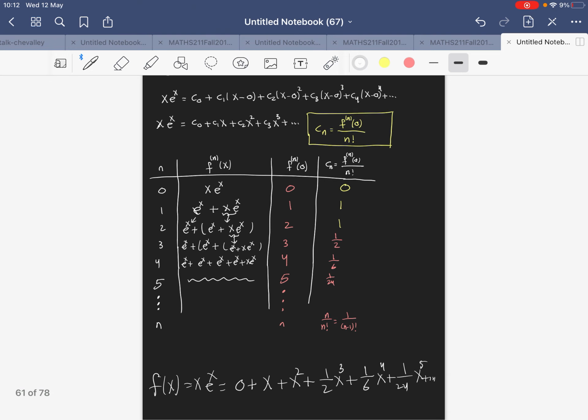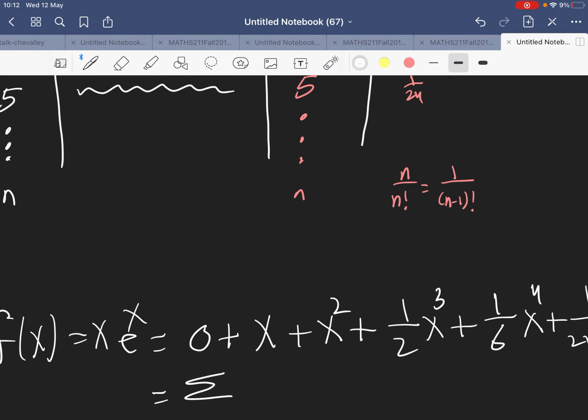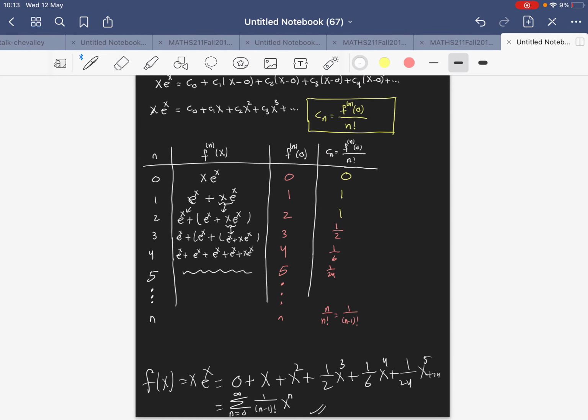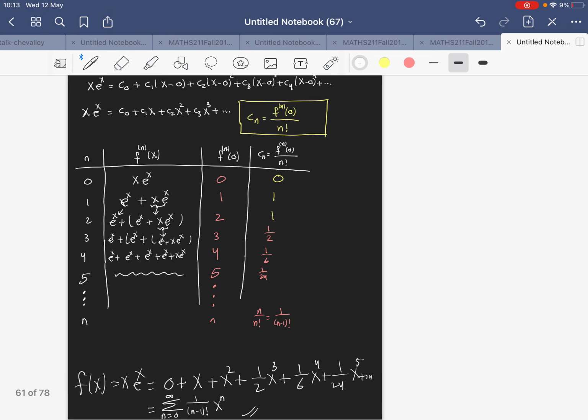If you want to write it as a closed form, that's even easier, because it will be just the summation from n equals 0 to infinity of Cn x^n, where Cn is this one. And that's how we find the Maclaurin series for this one. So we need to use the table, we need to substitute, nothing more than this. We can do another example and make sure that we understand how things are going on with those functions.